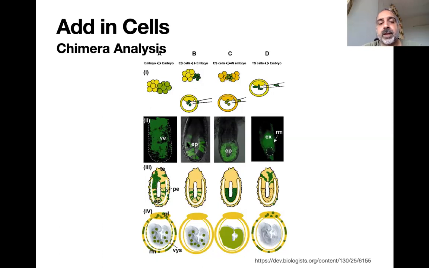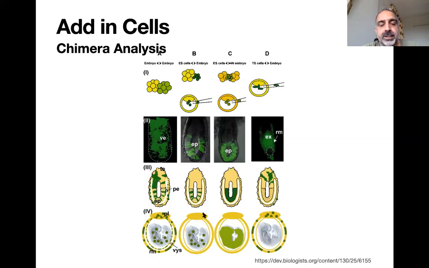Okay, ES cells to embryo implantation, as you'd expect, because the ES cells were derived from only the embryo and not the extraembryonic tissue or the trophoblast. ES cells would only give rise to the embryo proper. And then trophoblast stem cells, when put into an embryo, will only give rise to trophoblast cells.